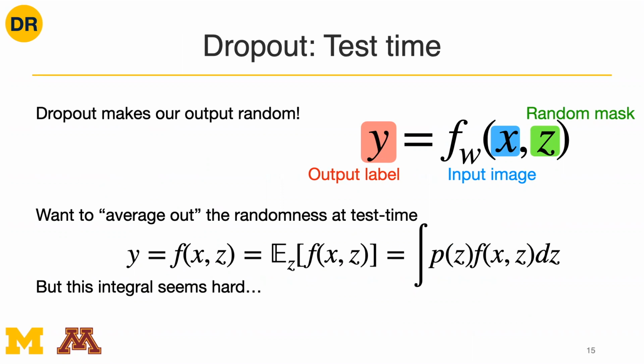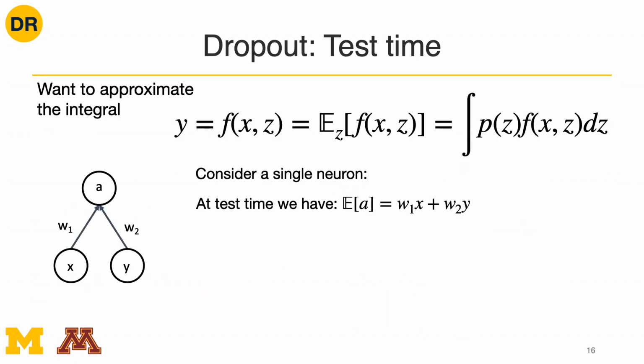In training time it's fine, but at test time we don't want that feature to be there. So we want to marginalize out the randomness that you're introducing with this masking. One way to do that is to think about this with the concept of expectation. However, doing that mathematically is hard, so we'll have an approximation.